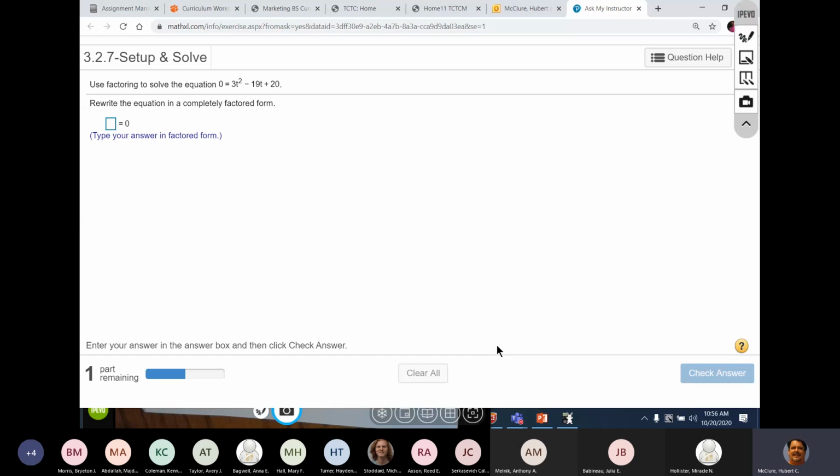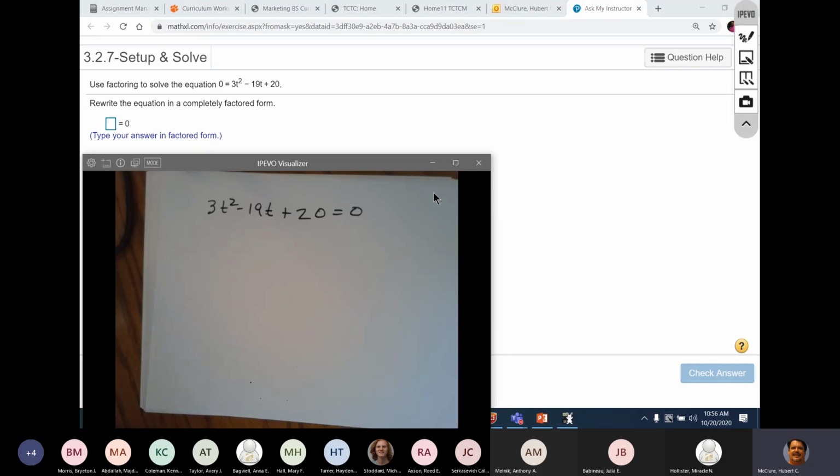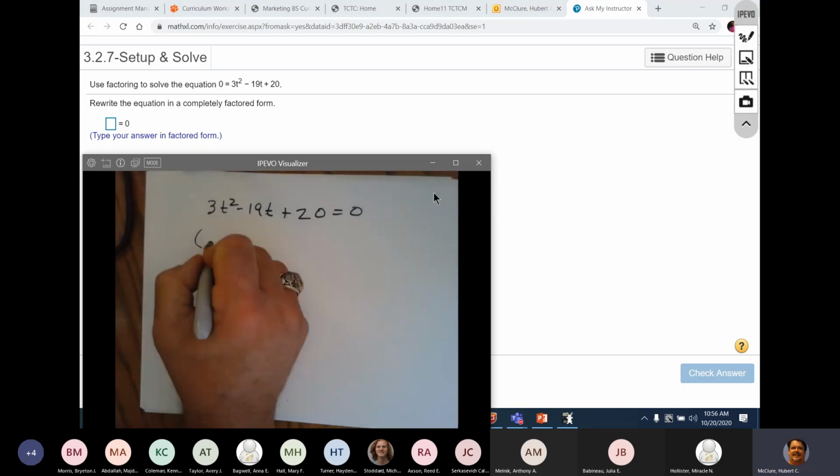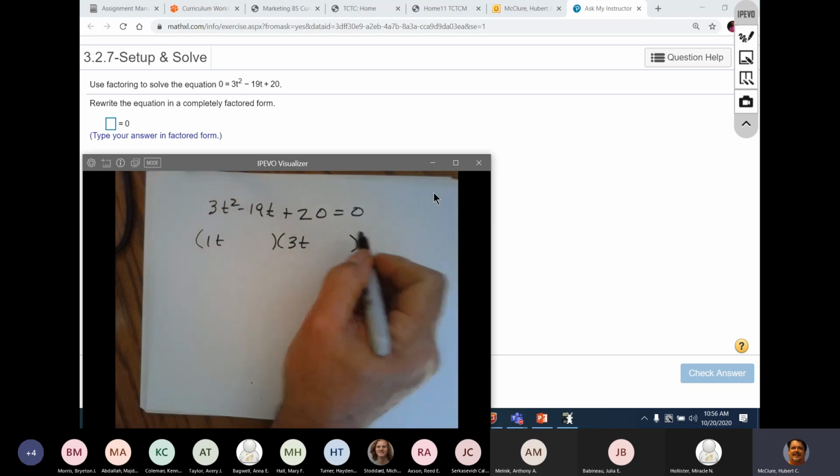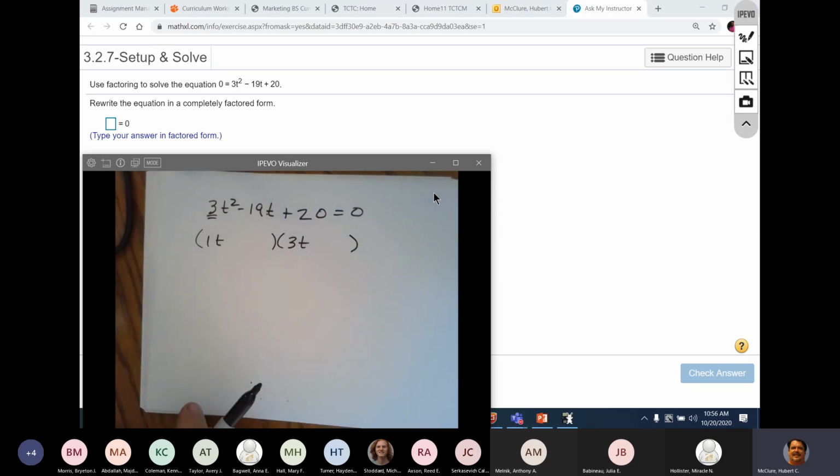Okay, you can do factoring, or you want to, okay, we're going to do reverse FOIL. So 3t squared minus 19t plus 20 is equal to 0. This is reverse FOIL. So you know the first ones are going to be 1t and 3t because 3 is prime and there's no way y'all can screw that up.